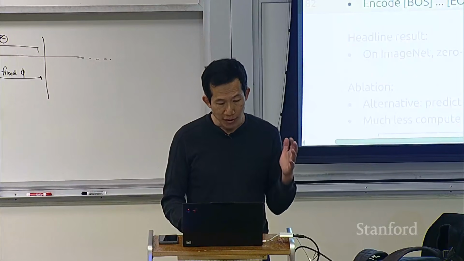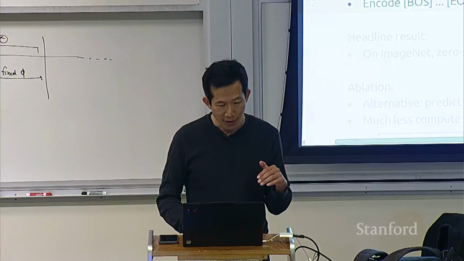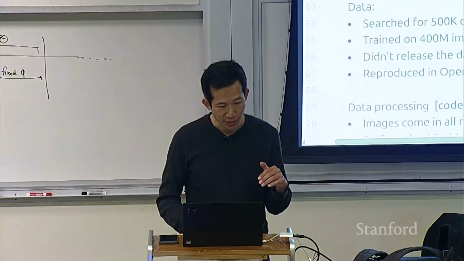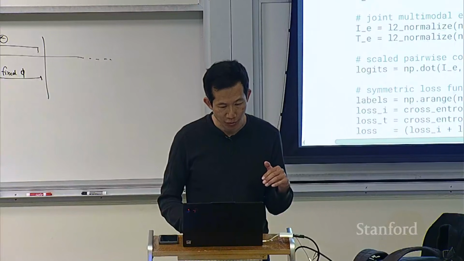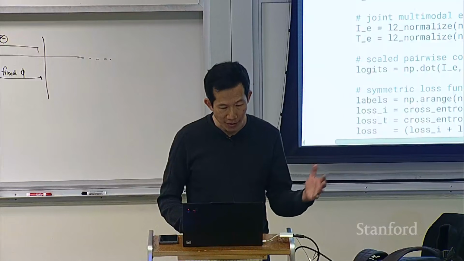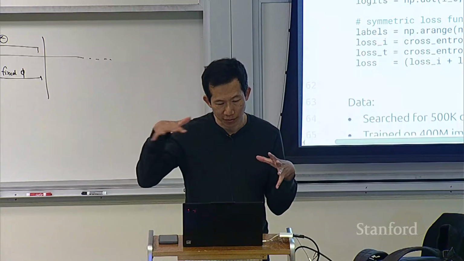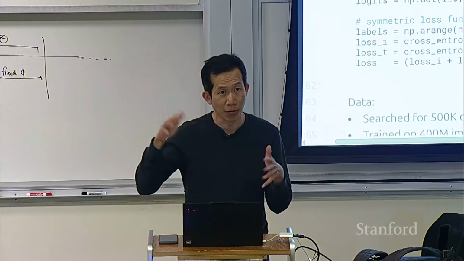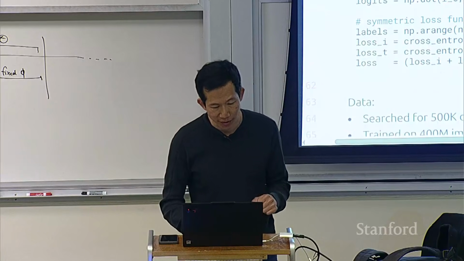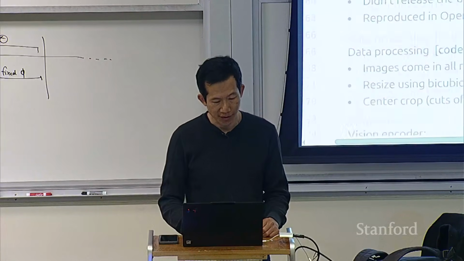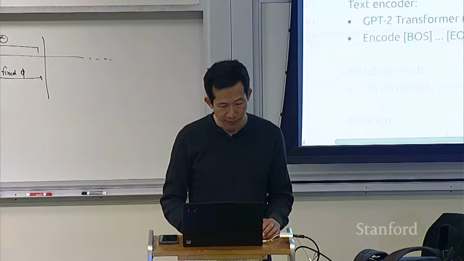Okay, so you have the vision encoder and the text encoder, and then you train with this process: you pick a batch, encode all the text, encode all the images, and then form these two N-way cross-entropy losses, and go from there.